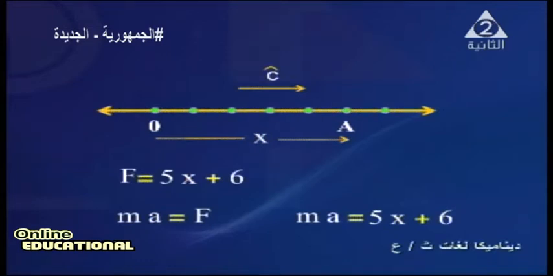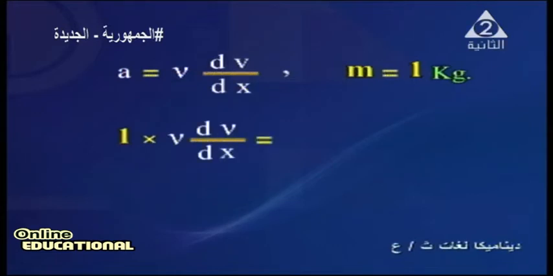Now we have a relation between the mass and the acceleration of a body and the distance between the body and the origin point. We know that the acceleration a equals v dv/dx, and the mass of the body equals 1 kilogram. Then m times a equals 1 times v dv/dx equals the force F, which equals 5x plus 6.